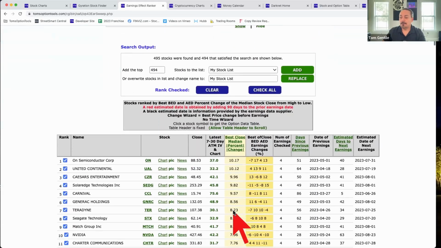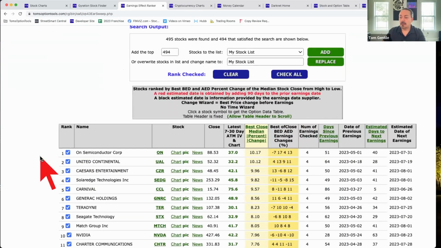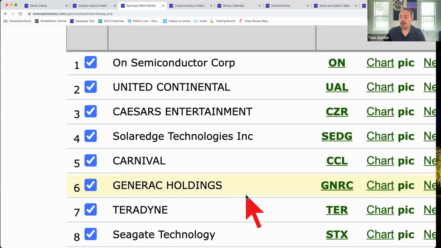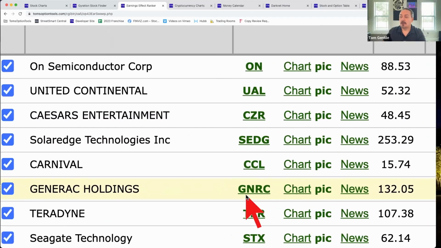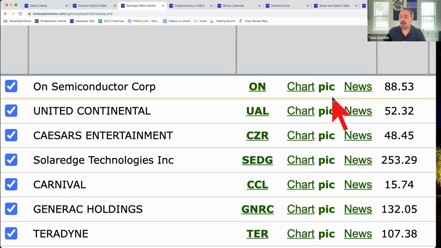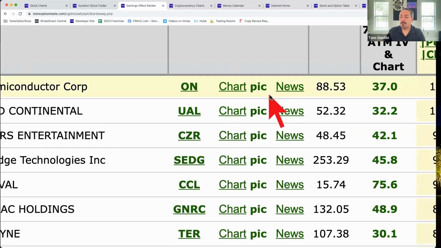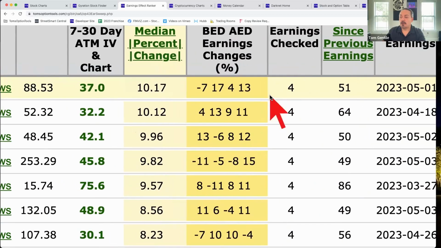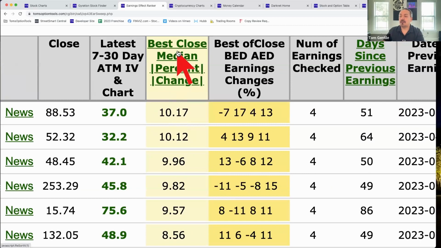And here we go. What I'm looking for is, for example, on semiconductor, I've got a chart, and I can bring up pop-up pics of this. These have had the best closed median percent change prior to earnings. Now, if you notice that -7, Tom, that tells me that this stock fell 7% before that earnings announcement.